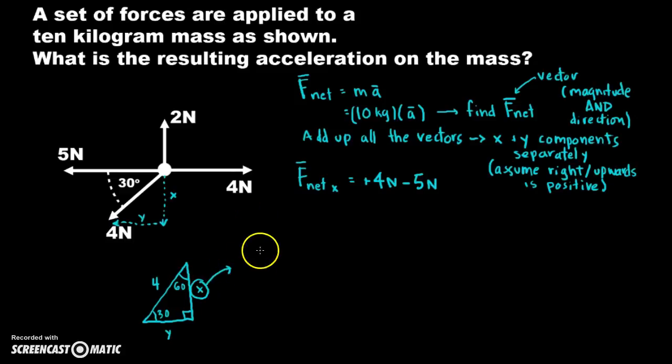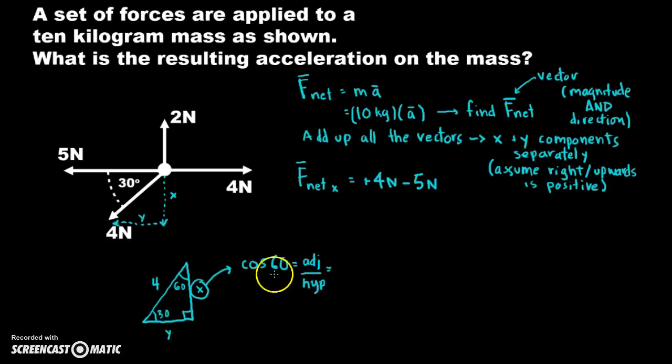Well, this is where a little bit of trigonometry comes in. Let's say if I had 60 degrees, cosine of 60 is equal to adjacent over hypotenuse.